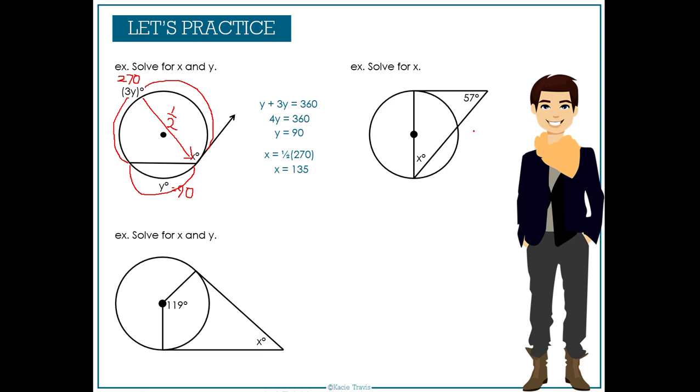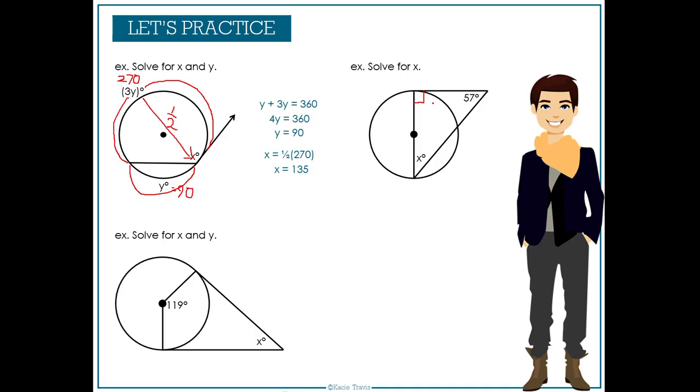Okay, next one here, they want us to solve for x. Now, what do I see inside of here? These three angles are a part of this shape, a triangle. And I also see that one of the sides of this triangle is a diameter, and the other side, this is a, what's the name of that thing? A tangent. So when a diameter hits a tangent, they hit each other at a 90-degree angle.